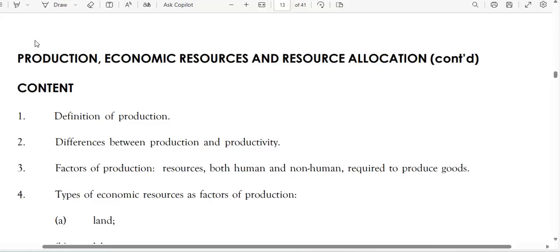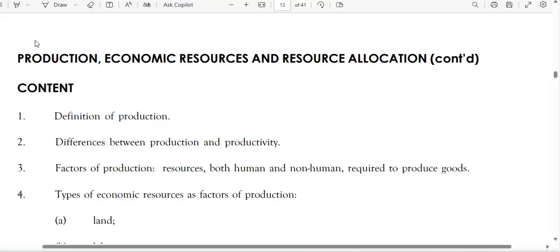Now, labor refers to the human effort, both physical and mental, used in the production of goods and services. It is a human resource, meaning it involves people's time, skills, and energy. Unlike land and capital, labor is not a material thing. It is work done by people to help create products or deliver services.